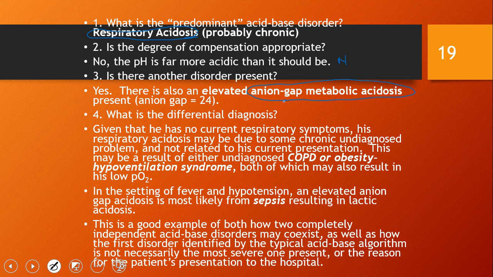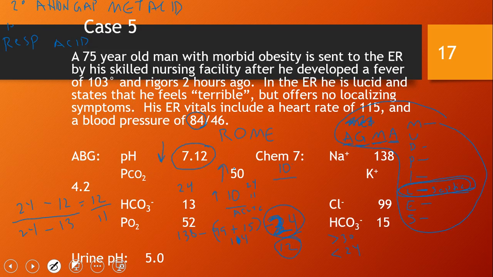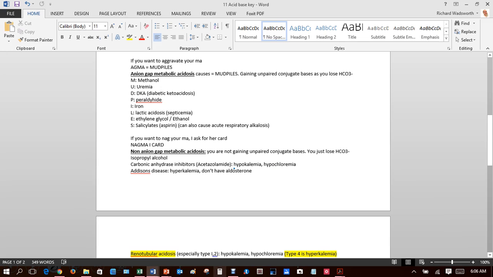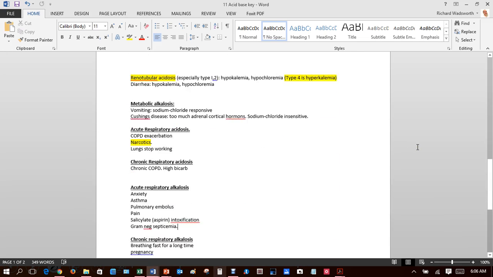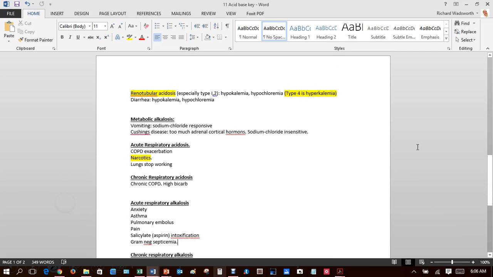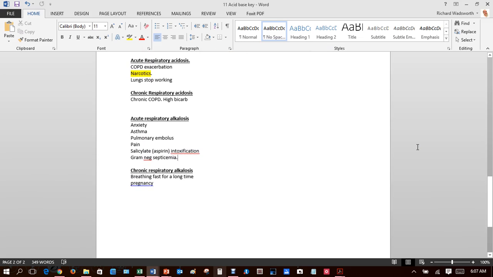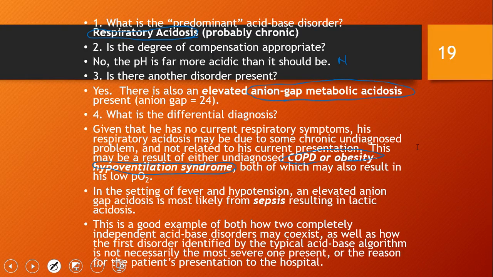Respiratory acidosis may be due to some chronic undiagnosed problem. Yeah, okay, whatever. So COPD, maybe he's got COPD or obesity hyperventilation syndrome. So respiratory acidosis, COPD should be on my differential here. Let's see if I have that. Respiratory acidosis, COPD and high bicarb. Yeah, there it is. And I think that's about done.